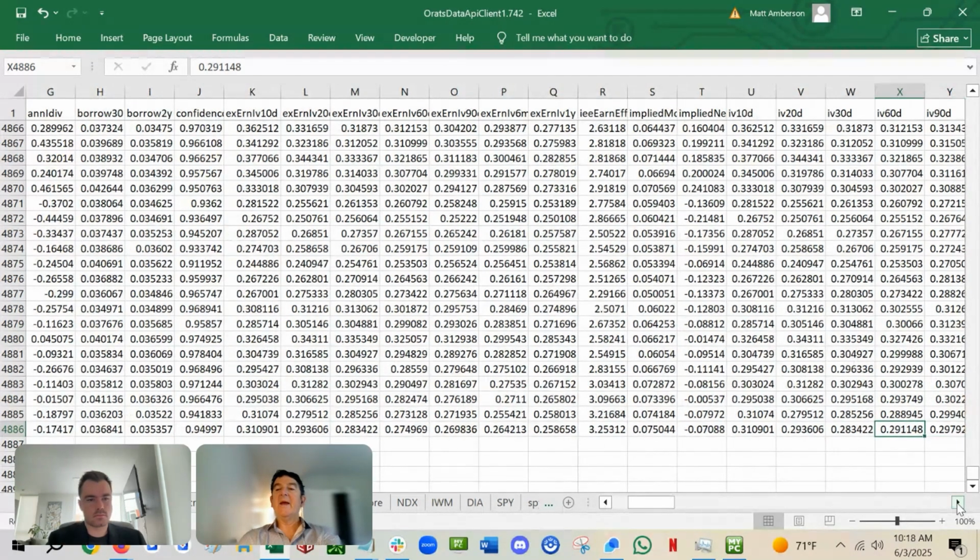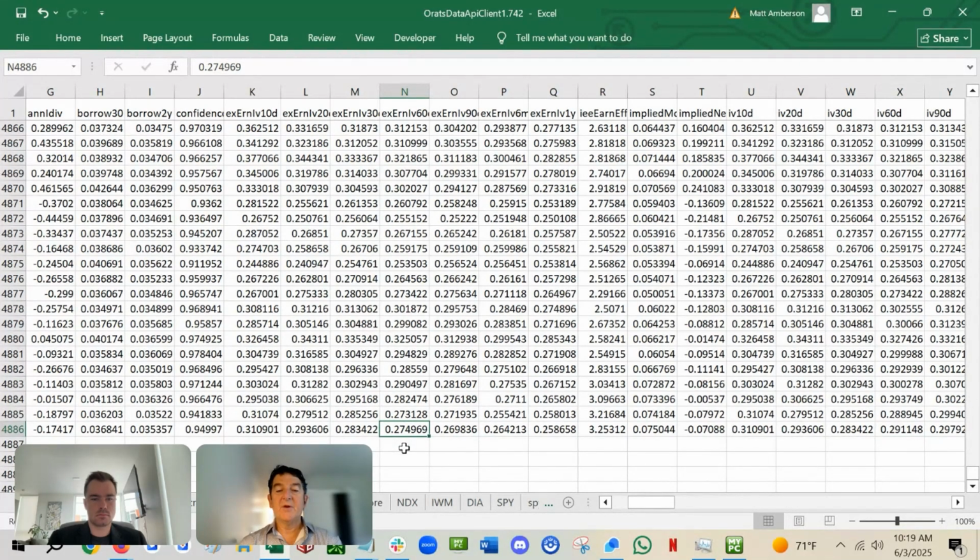With the X earnings, we have a way to take out the earnings effect and draw a skew that is rational, and that takes out earnings implied volatility. So you can see it's 29 in the raw number at 60 days out, but it's 27.5 for the X earnings.